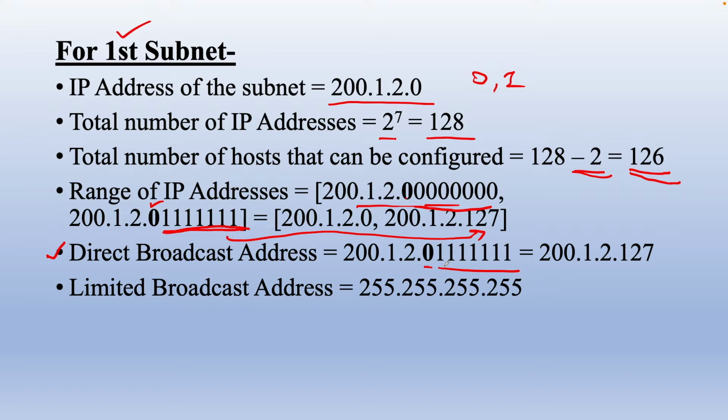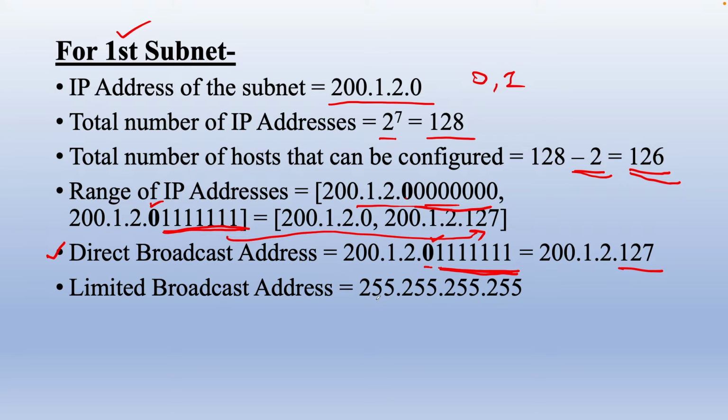If you make the host part all ones, it comes out as the direct broadcast address. Only 7 bits are host part, because the 0 is fixed and given to the network. If you make all these ones, it comes out as 127, and it is the direct broadcast address.